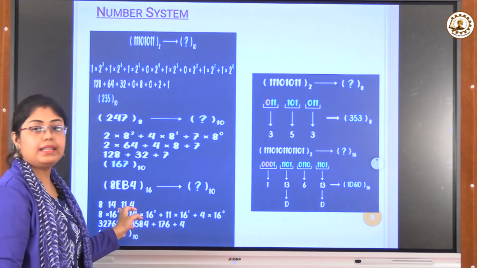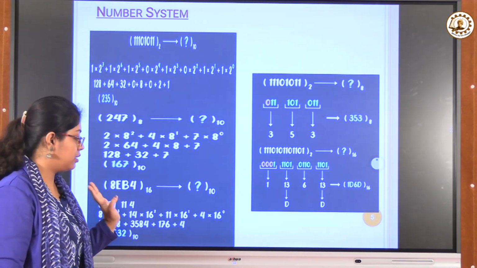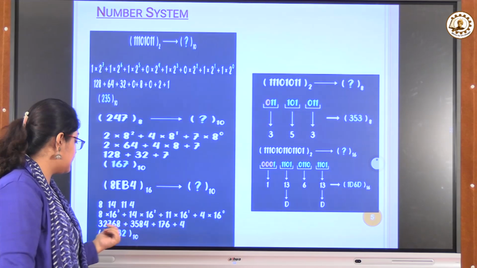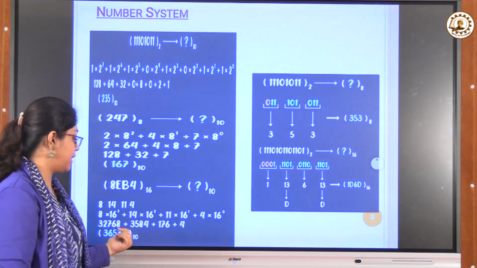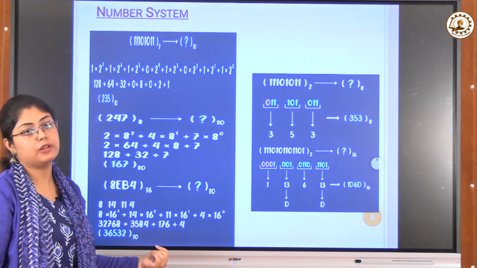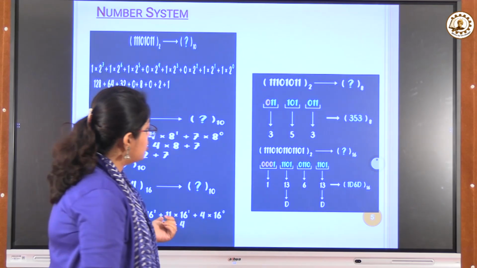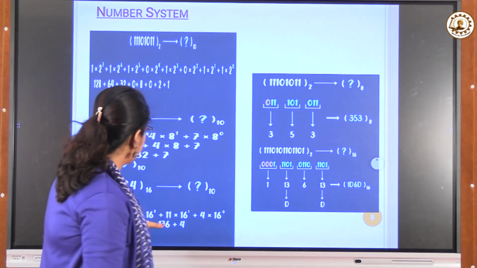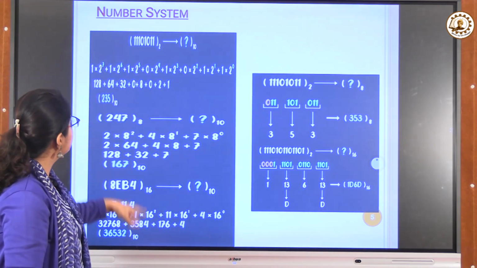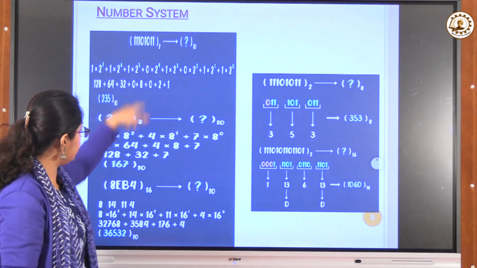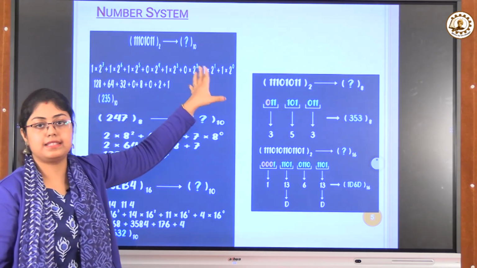B is 11 and 4 is 4. And we are multiplying it, we are getting the number 36532 in decimal. Okay. So this is the technique for converting any number to the corresponding decimal number.